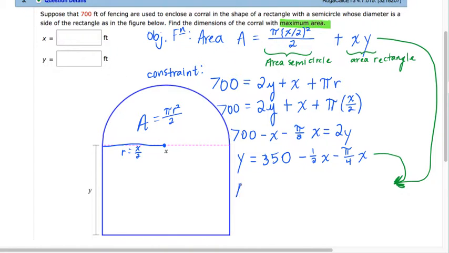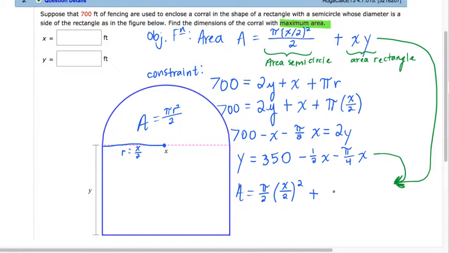So my objective function becomes area is the area of the semicircle plus x times y. Okay, for the semicircle, let's simplify this messy looking expression as we go. This 2 I'm going to put under the pi, and I'm going to write it as pi over 2 times x over 2 all squared, and then I'll keep cleaning it up with each step.